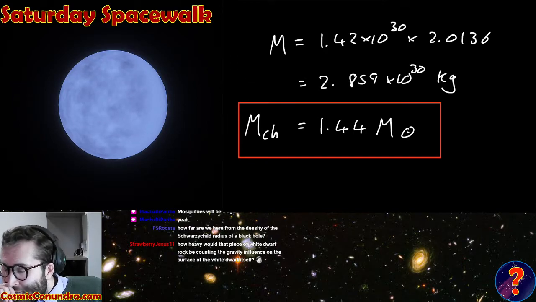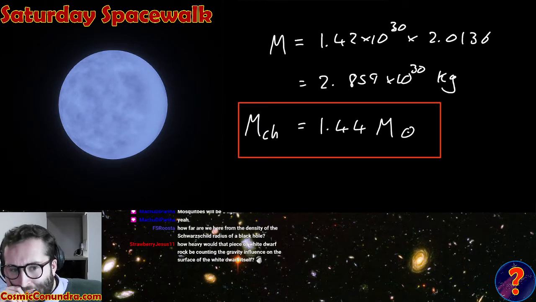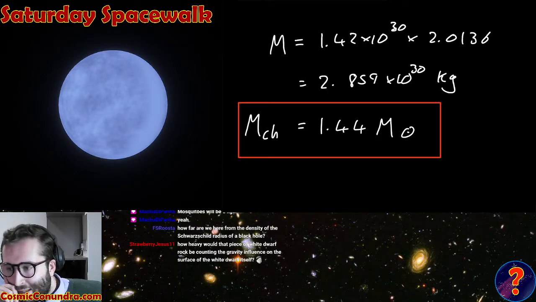So its density is about 10 to the 24 divided by 10 to the 18 or so. Well, hang on, that can't be right. Wait, 10 to the 6 cubed, that's 10 to the 18. 10 to the 24 divided by 10 to the 18, that's about 10 to the 6.